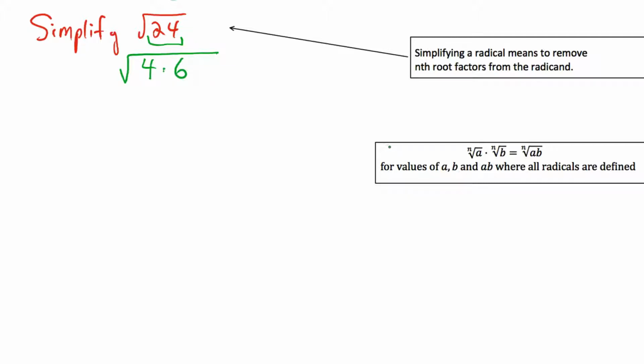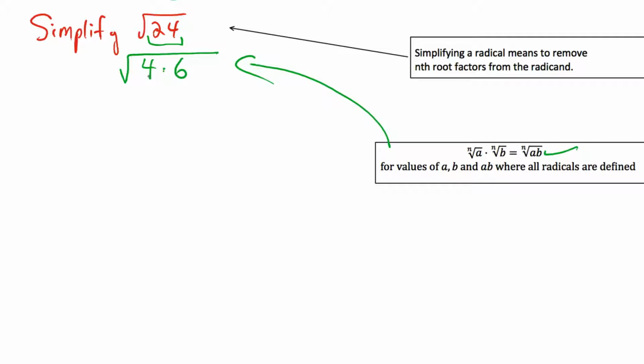And then we can apply this principle of radicals, which we've talked about in the past. If you multiply two nth root radicals with the same index, then you just multiply the radicands, a and b. So the nth root of a times the nth root of b will be the nth root of a times b. And this statement is true as long as these radicals are defined.